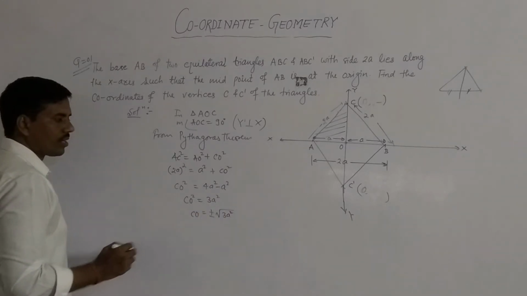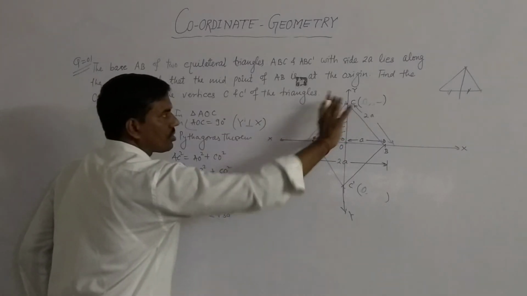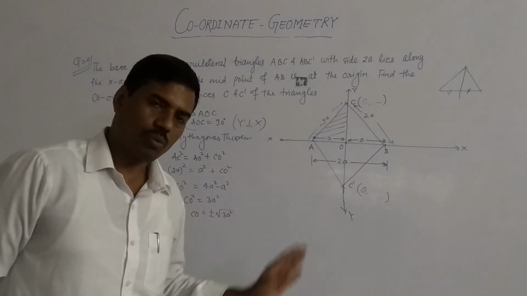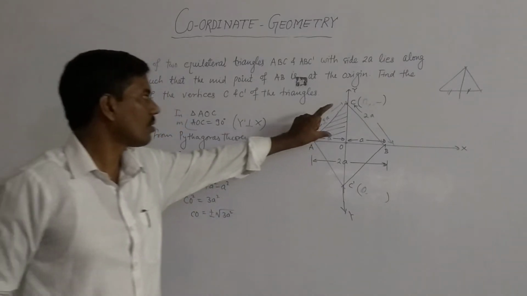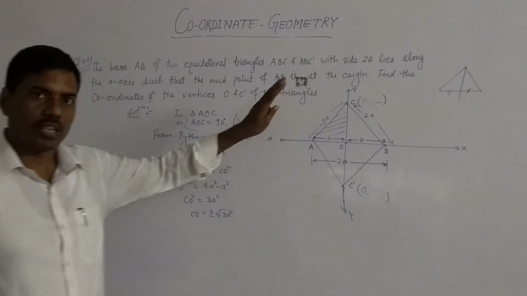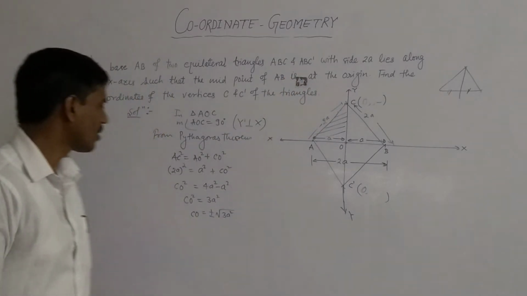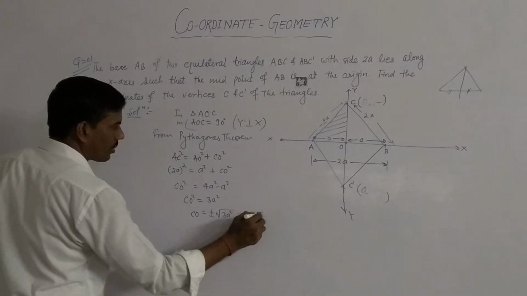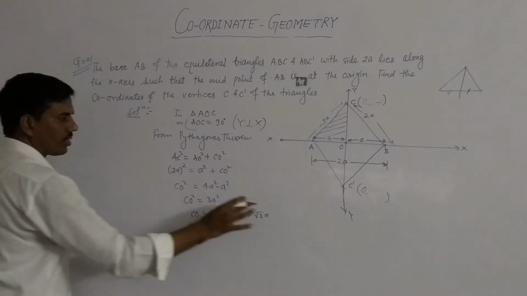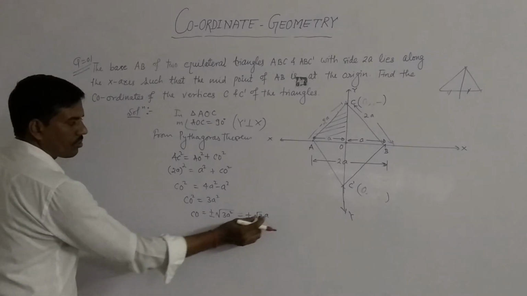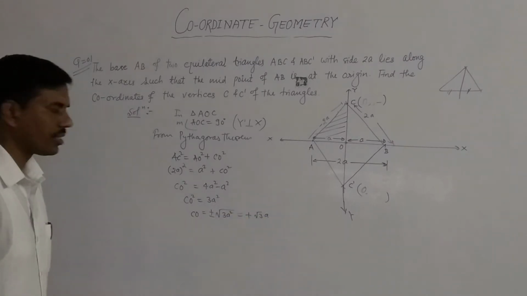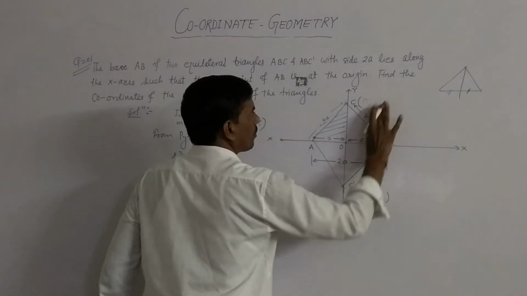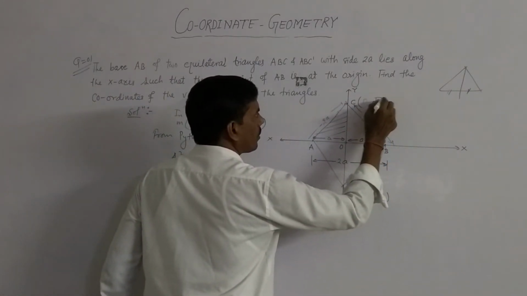Since CO is positive, meaning above the x-axis on the y-axis, above the origin, CO is plus root 3 a. Clear? The square root of a square is a, and the square root of 3 is root 3, so CO is root 3 a.